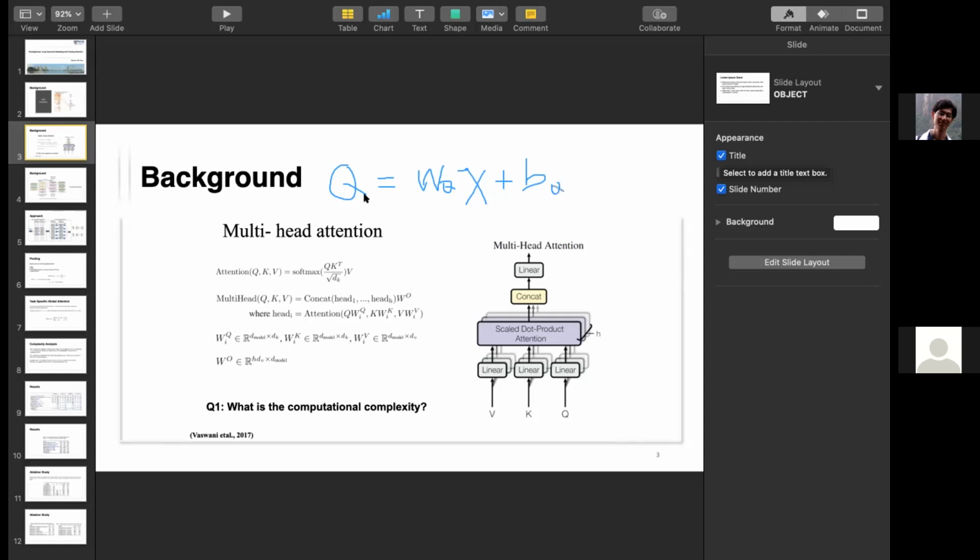Similarly for K and V, they are all different linear projections of the same embedding X. And here the WQ and BQ are the trainable weights of the model, so they will vary during the training.